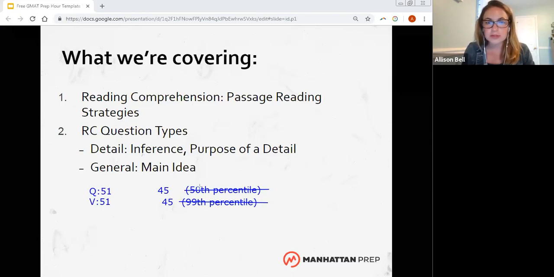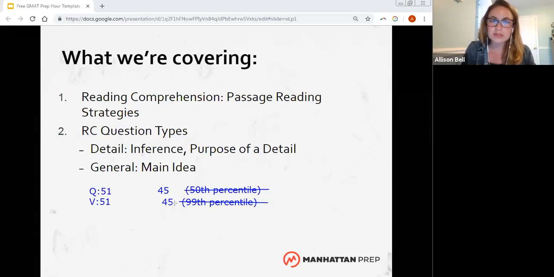The reason that the percentiles don't match, even though the numbers do, is because of the distribution of people taking the GMAT. In general, out of all the people who take the GMAT, folks tend to be stronger in quant. So achieving a strong quant score means you're outranking, let's say, 50% of people, whereas achieving a strong verbal score, you're outranking 99% of people.